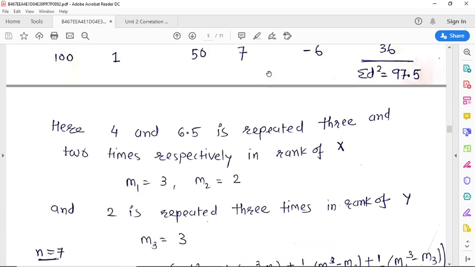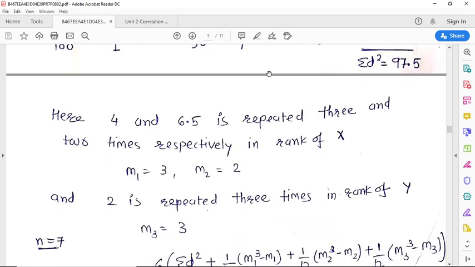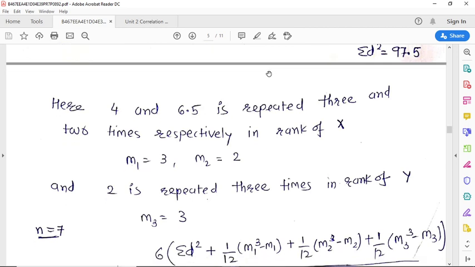So it's the data that we have. 4 and 6.5 are repeated 3 times and 2 times respectively in the rank of X. So we'll consider M1 is equal to 3 and M2 is equal to 2. You can also interchange M1, M2.